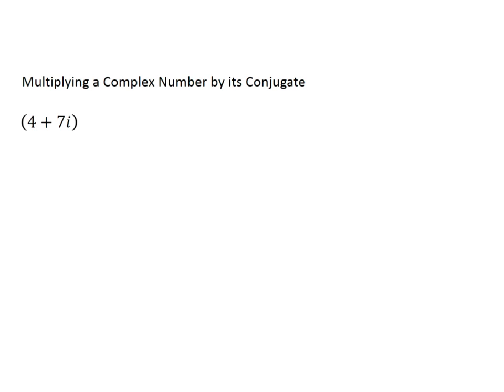And if you didn't watch the previous lesson, the conjugate just means that we change the sign in between the real and imaginary parts of the complex number. So if my complex number is 4 plus 7i, then my conjugate is going to be 4 minus 7i.